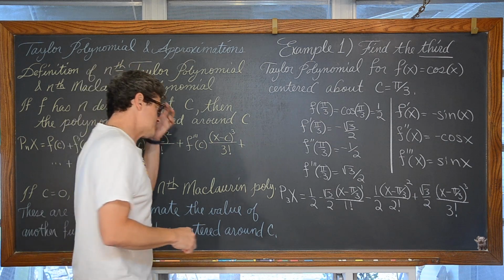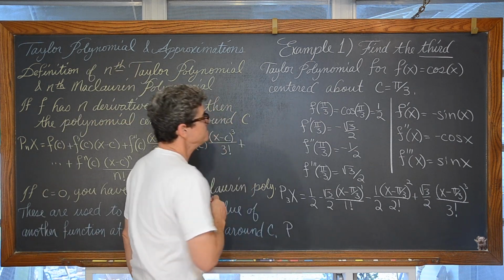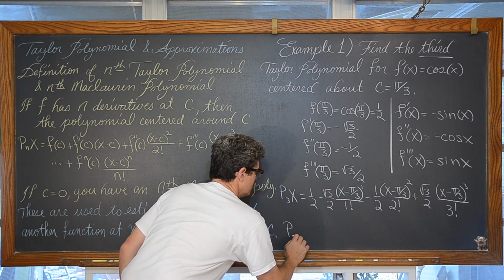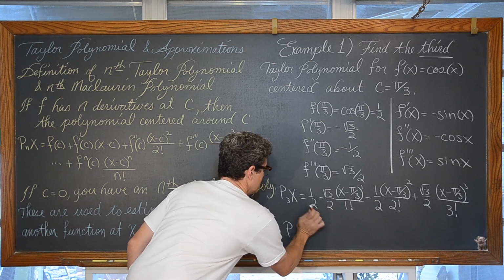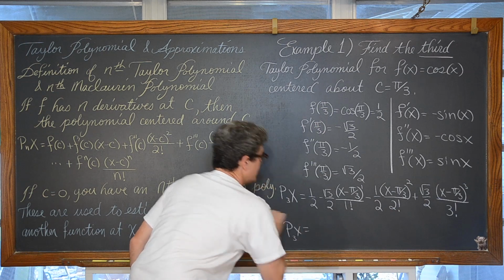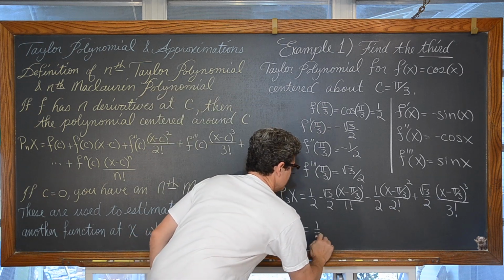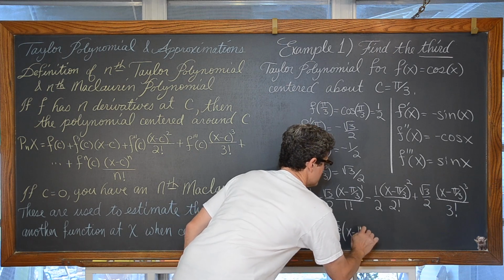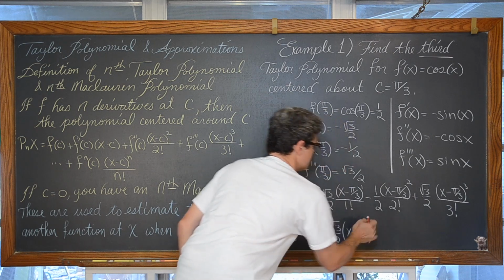And this is going to clean up to be our third Taylor polynomial centered at pi over 3. We got 1/2 minus square root of 3 over 2, x minus pi over 3 to the first.